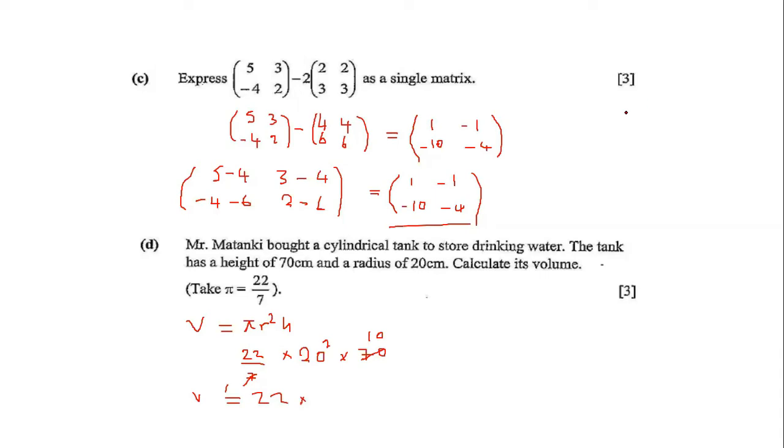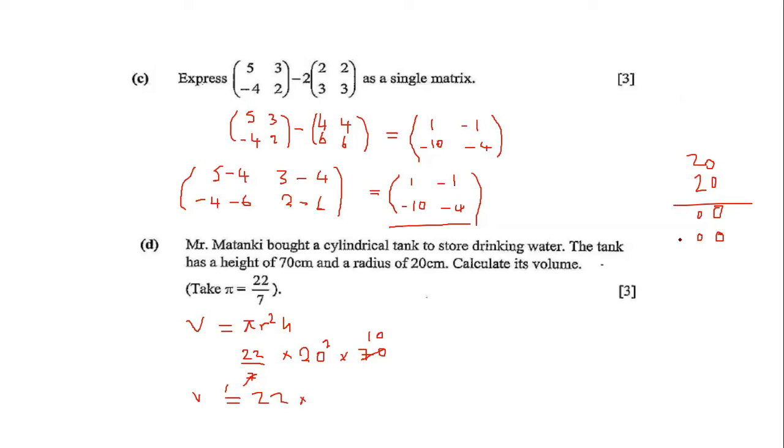So this 20 squared means 20 times 20. This times that is 0. This times that is also a 0. Then you add a 0 here just to maintain the place values. So 2 times 0 here is 0.